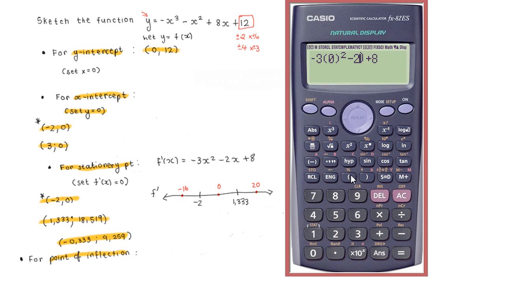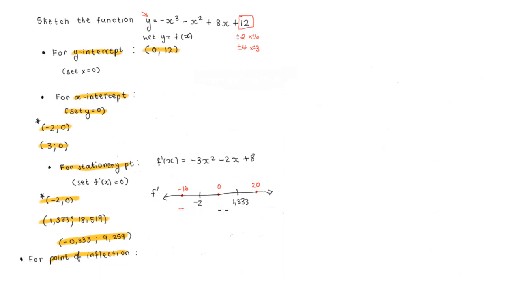And when we test 20, we get a negative. So we're going from negative, positive, negative. So this is the value of the derivative function.